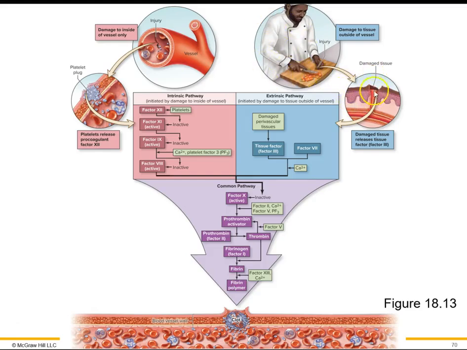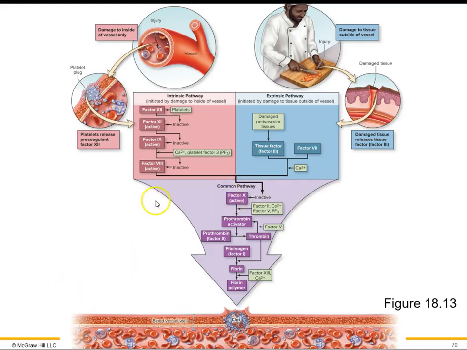So there's going to be damage to the outside of the vessel as well as damage to the vessel itself. Well, damage to the outside of the vessel is going to trigger the extrinsic pathway. And then you get tissue factor, or factor 3, and factor 7 and calcium, and they all come together and convert inactive factor 10 to factor 10, the active form.